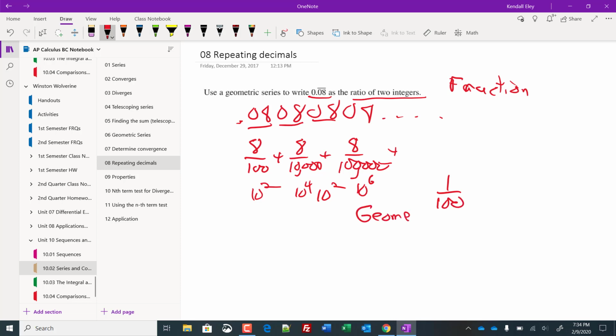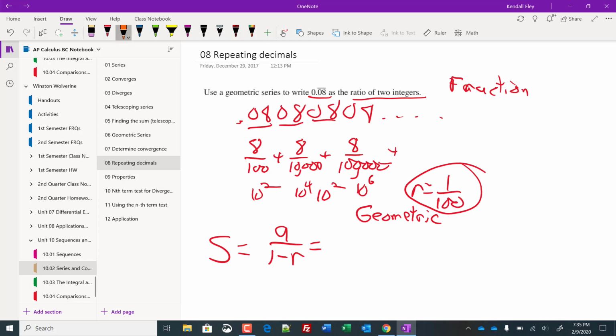Since it's a geometric series, we should be able to find the sum if the common ratio is less than 1. Well, the common ratio here is 1 over 100. So then our sum would be the first term over 1 minus the common ratio. Well, what was our first term? Our first term was 8 over 100.